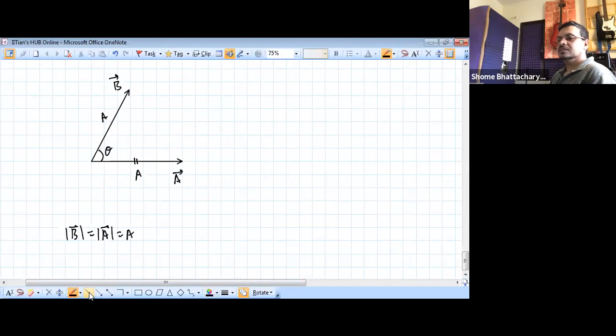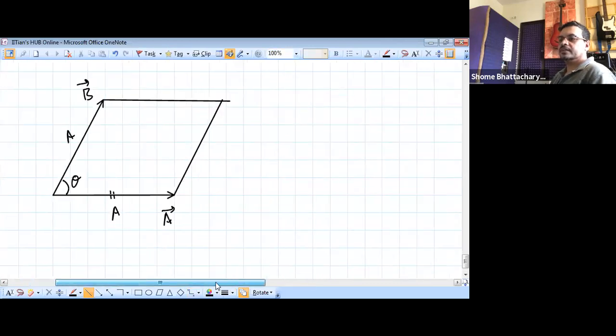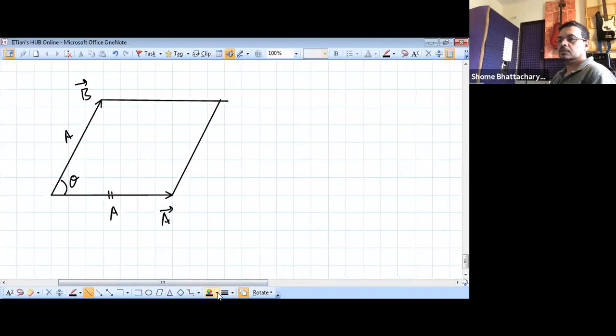So now you can immediately see that when we complete the parallelogram, that parallelogram will automatically become a rhombus. So if we apply the properties of the rhombus that we've discussed earlier, we will get the relationship between the vectors that we were talking about earlier. So let's look at those particular properties.